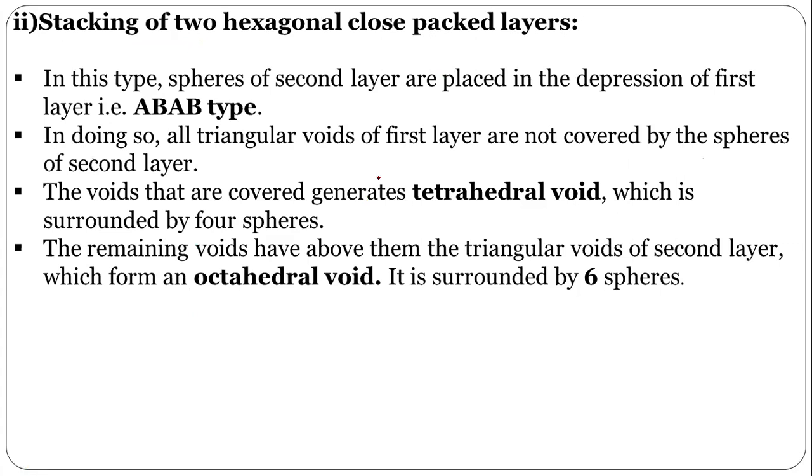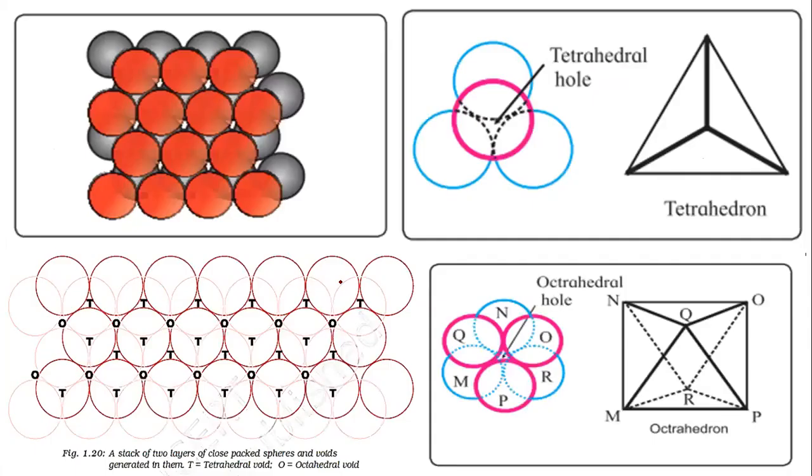In the case of hexagonal close packed structure, two types of voids are prepared. Voids means empty spaces. Tetrahedral void and octahedral void. I will show when the tetrahedral void is prepared and when the octahedral void is prepared. We have to see this diagram. When three spheres are behind and only one sphere is above, here we can see clearly that a tetrahedral void is prepared.